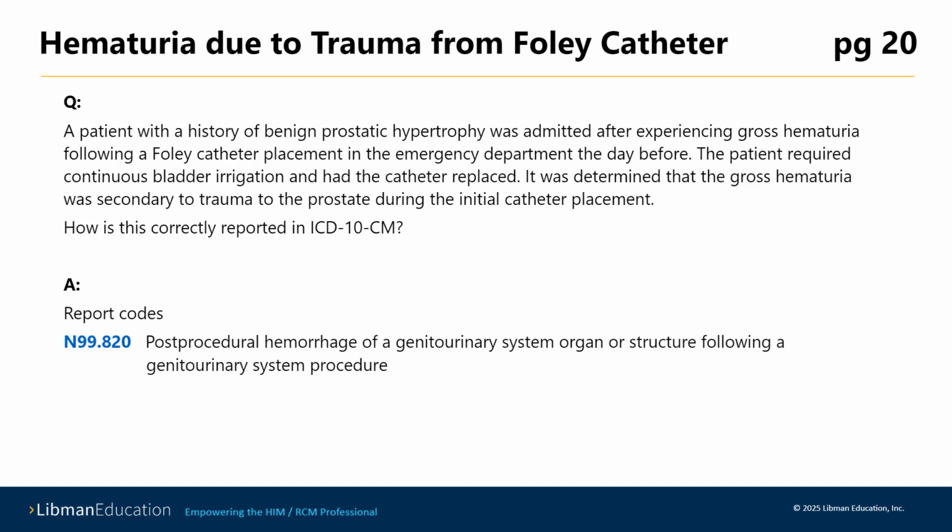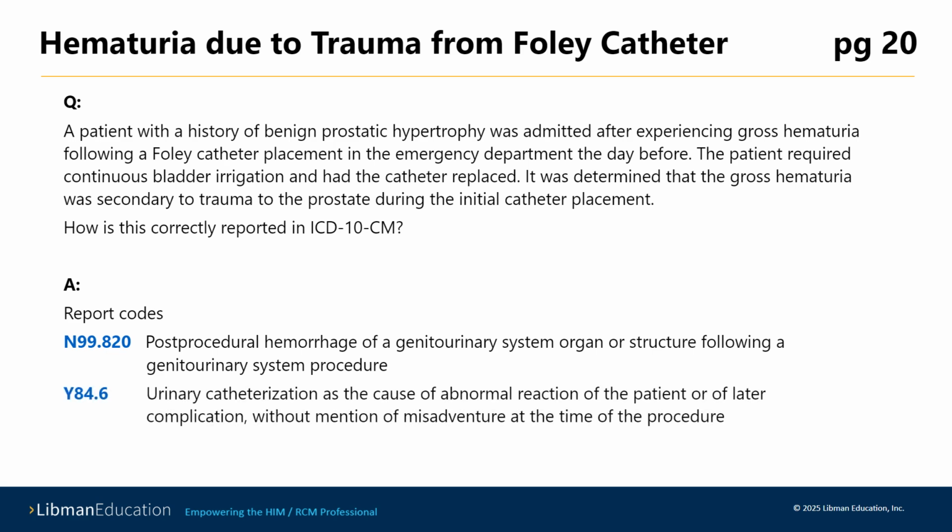N99.820, post-procedural hemorrhage of a genitourinary system organ or structure following a genitourinary system procedure. Because the hematuria was documented as secondary to trauma to the prostate during catheter placement, the correct diagnosis code identifies post-procedural hemorrhage, not a device complication.